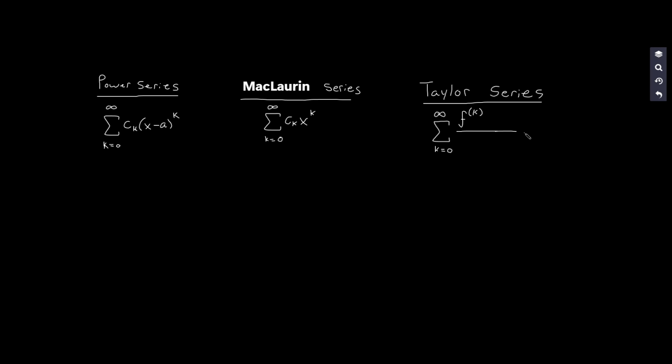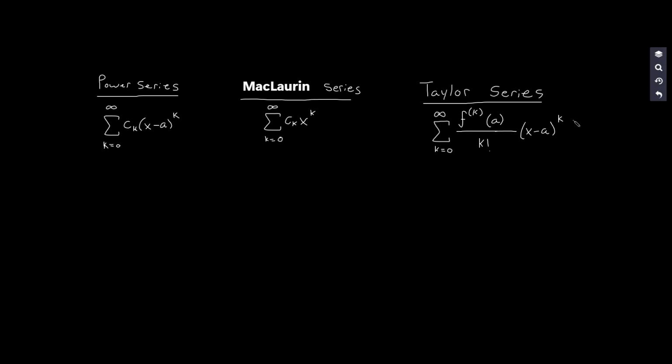So how do I articulate this? I don't think I've ever said this out loud. This is the function f raised to the kth order, so the kth order derivative of a. I think that's how you say it. Over k factorial, multiplied by x minus a raised to the power of k.